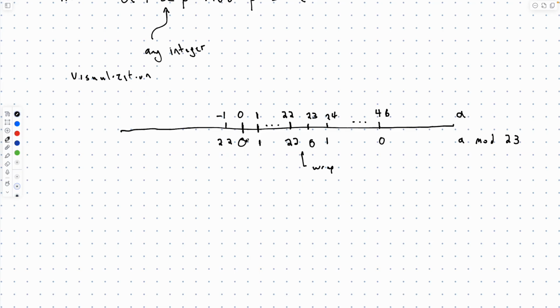So again, I went 0, 1, 2, 3, up to 22, and then I wrap, I go back to 0 and I count. So whatever the copy of these integers are, the next set of integers will have the exact same copy, and the same thing before. So I'm going to have a 0, and it's going to go up to 22. It's going to be the last number before I hit 0. I add 1, what's -1 plus 1? I go to 0, then I wrap back, and I go back to 0 itself.